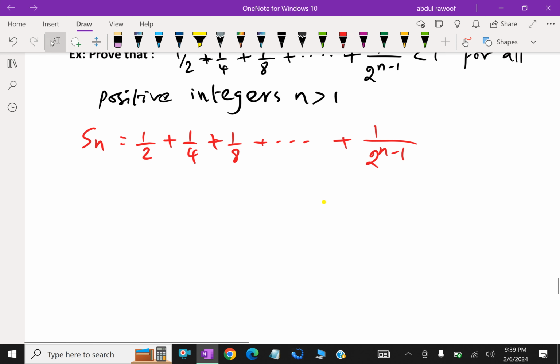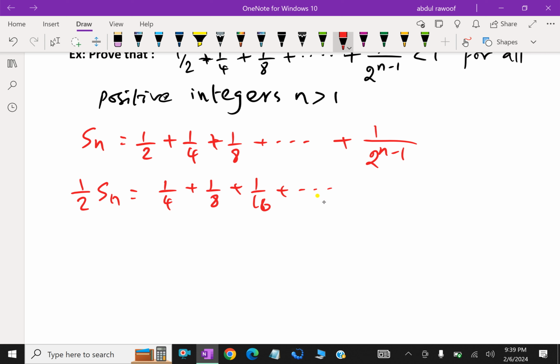Now half of Sn, that is Sn divided by 2, gives 1 by 4 plus 1 by 8, 1 by 16, then 1 over 2 power n minus 1 into 2 is 1 by 2 power n.